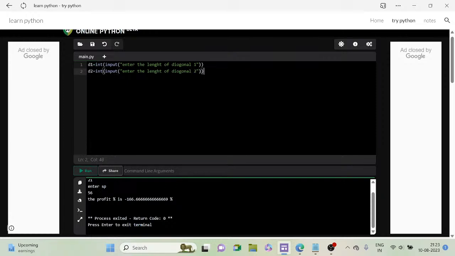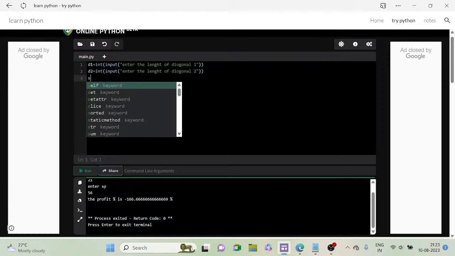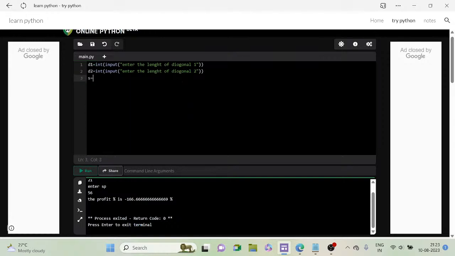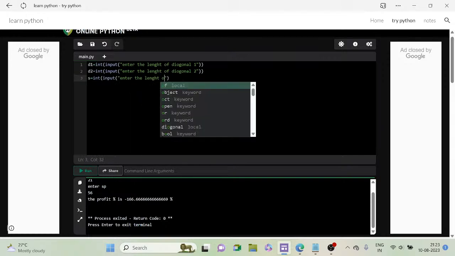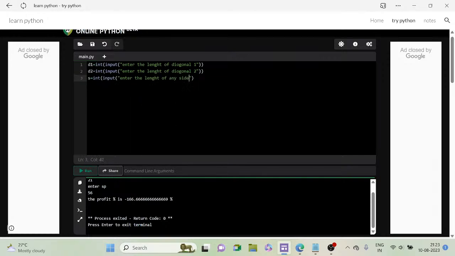And next we need to take any side, because we need its perimeter. s equal to int input, enter the length of any one side.